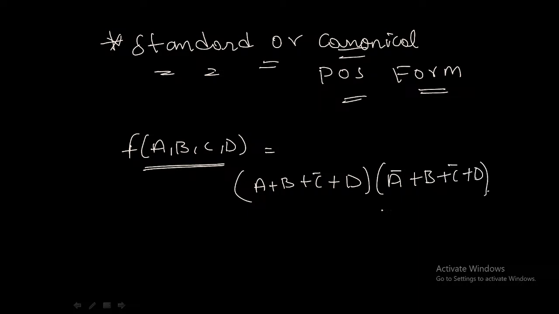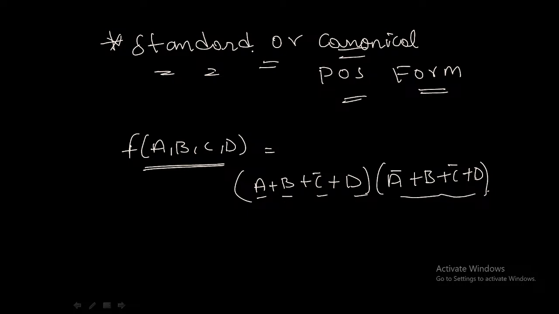In this function, each and every literal is present: A is present, B is present, C is present, D is present. Here also each and every literal is present. So this type of function is called the standard or canonical POS form.